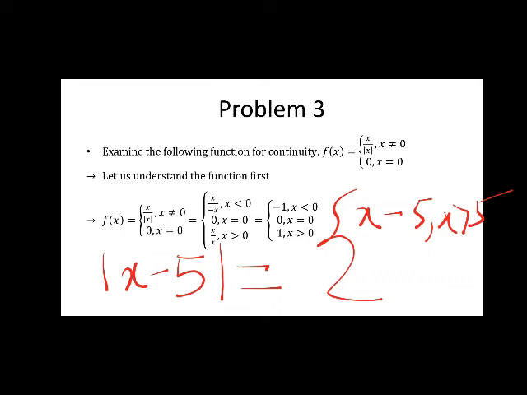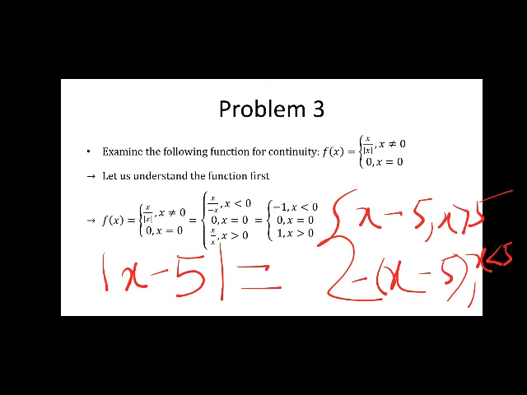And it will be minus of x minus 5, sorry, when x is less than 5. I can't write it here, so just understand it. When it is less than 5, yeah, right.